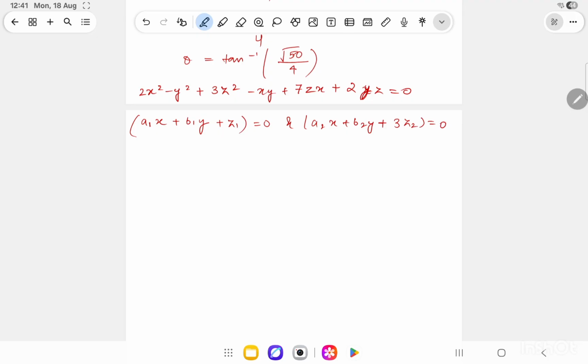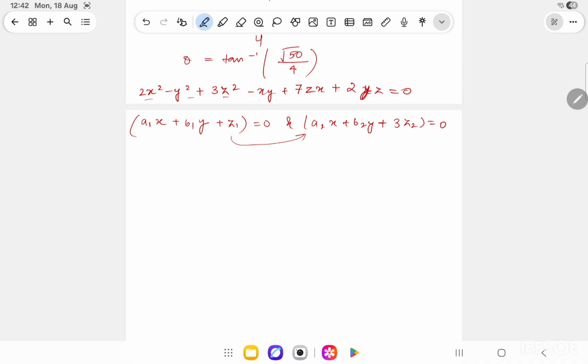So what you can do is we can take coefficient of y as well. Let's just take it as b1. So what you can do is just multiply these two equations and just compare coefficients of x square, y square, z square and xy, yz and zx likewise.